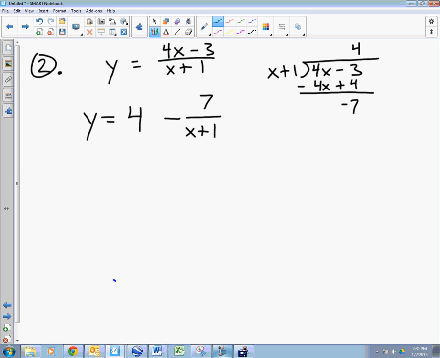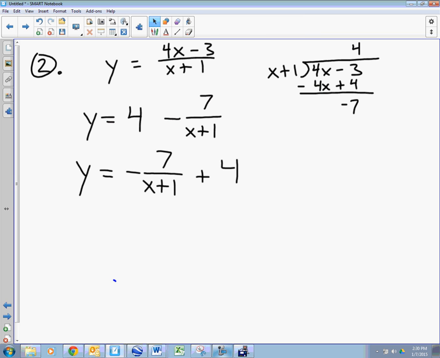I simply wrote them differently. I'm going to write it differently again. I'm going to write it as negative 7 over x plus 1, plus 4. Does that look more familiar like what we've seen? So simply by doing a division process, I get a function that I know how to graph.